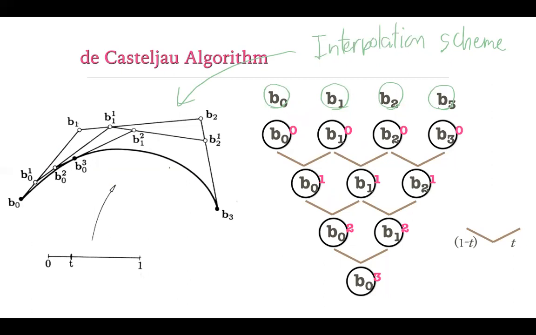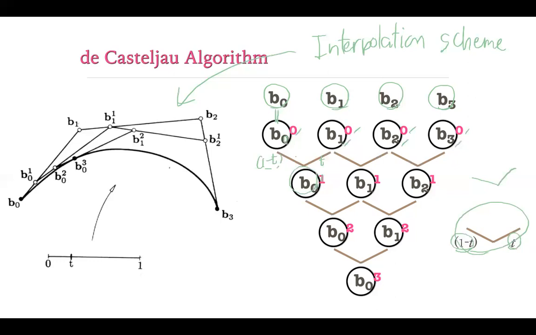And then, as I told you, B0 equal to B0 level 0, B1 level 0, B2 level 0, and B3 level 0, right? And then we interpolate by 1 minus t: B1,0 is equal to 1 minus t B0,0 plus t B0,1. This V shape is 1 minus t and t.